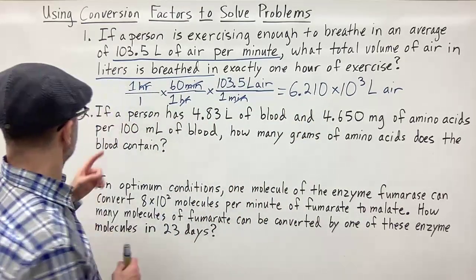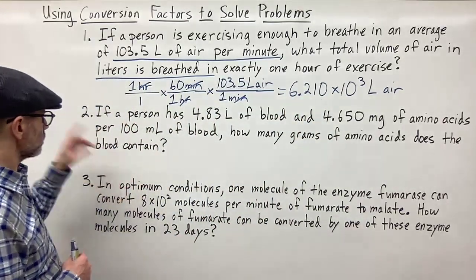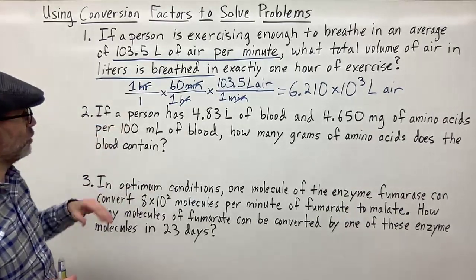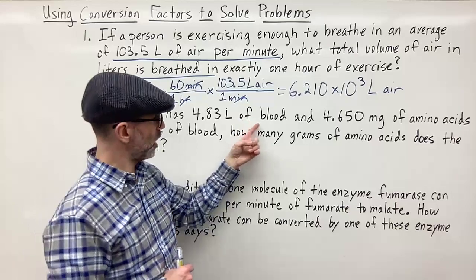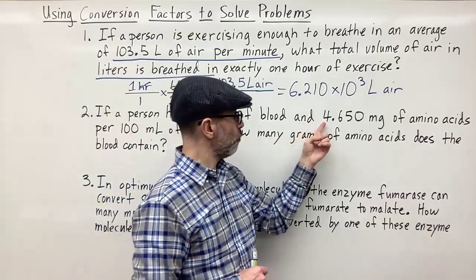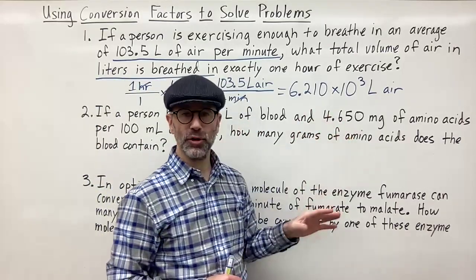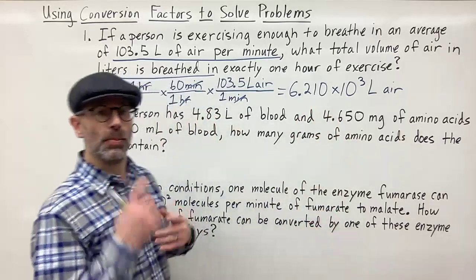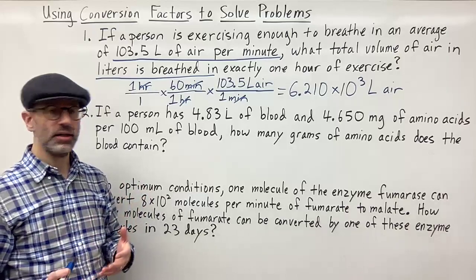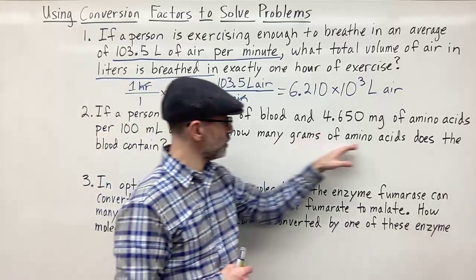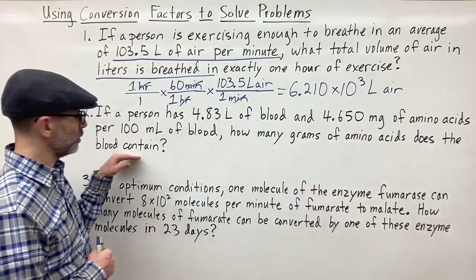Okay. Next, number 2. If a person has 4.83 liters of blood and 4.650 milligrams of amino acids per 100 milliliters of blood, how many grams of amino acids does the blood contain?